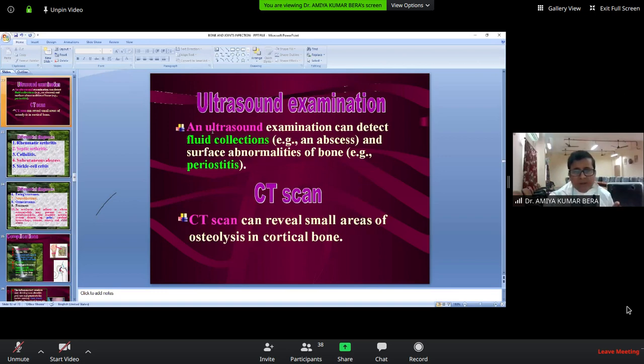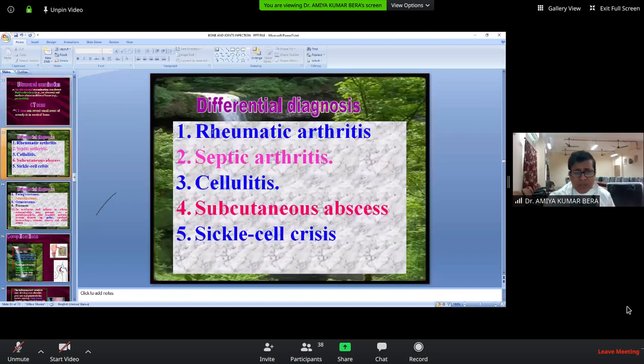In case of differential diagnosis, what are the things to be considered? This is a long list, but clinically important is septic arthritis. How to differentiate it? In septic arthritis, swelling is at the joint. In osteomyelitis, it's away from the joint, near the joint. Tenderness in septic arthritis is maximum at the joint.